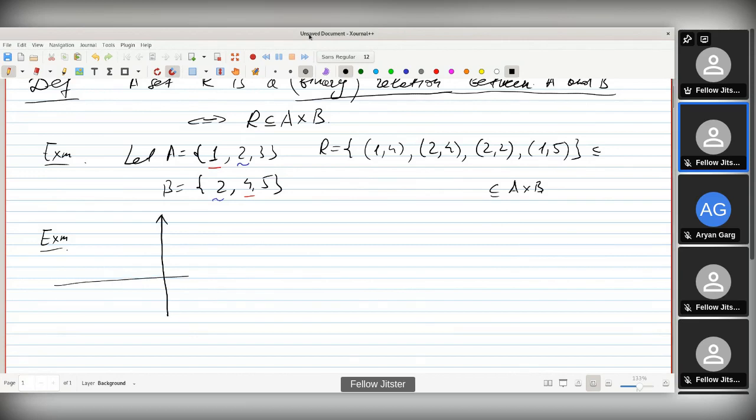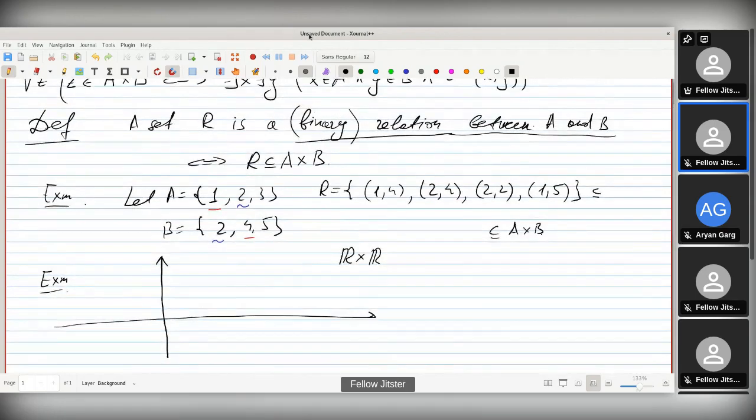Clearly, we can have more examples. We know that we can consider pairs of real numbers as points of the coordinate plane. We can consider this Cartesian product R times R. That is the plane.